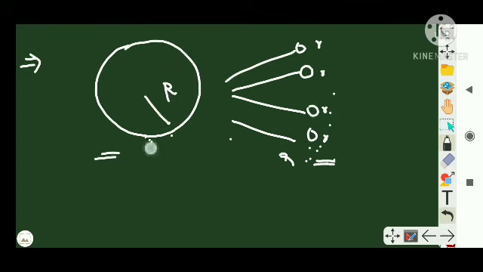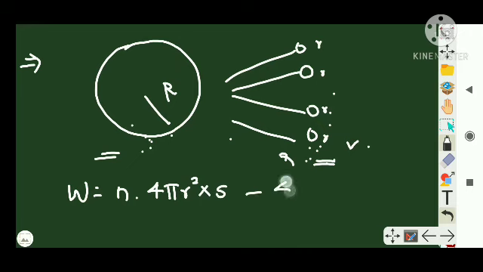I just have to find the difference in the surface energy. That is, work done is equal to the surface energy of these small drops, n number of small drops into their area, into surface tension, minus the energy of this larger drop, which is 4 pi R squared S.